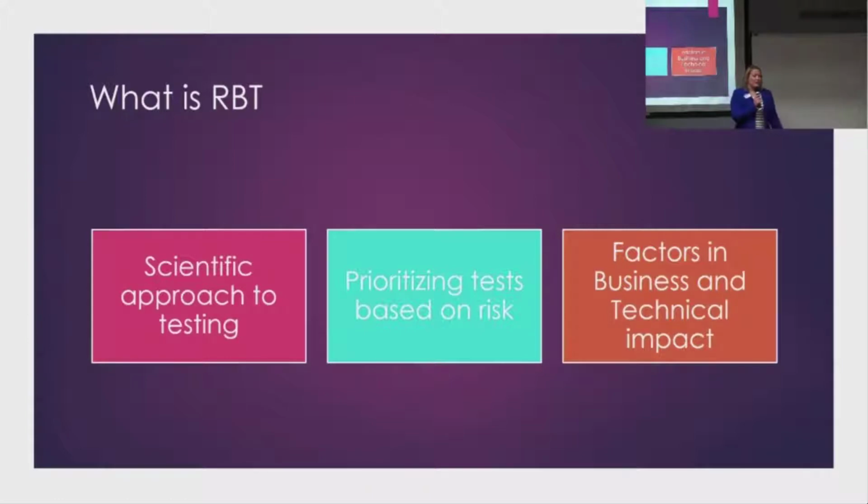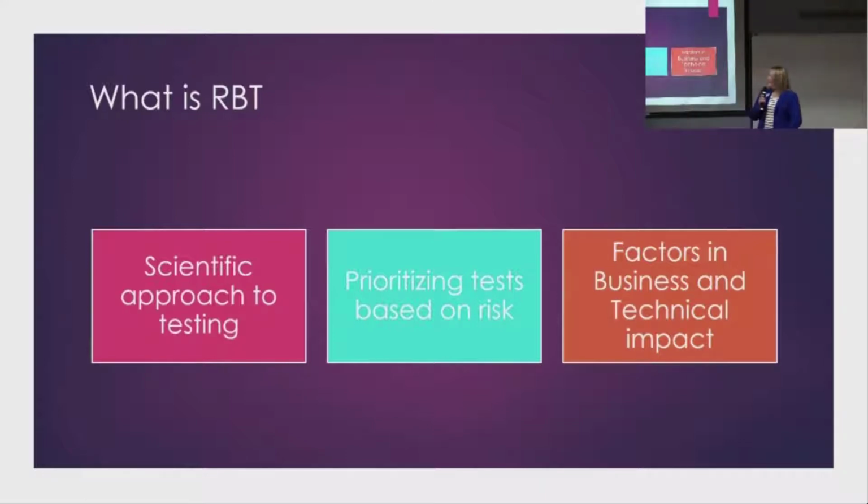For example, we found that we had some test cases where they were marked as critical just because it was a multi-day test and people wanted to make sure that got executed first, not necessarily that the functionality that we were testing was the most critical functionality that we should be looking into. So for all of those reasons and more, we said, let's go look out at industry standards and see what people are doing to prioritize their tests. And we came across risk-based testing. And from all the research we did, we thought that that would be the right approach for us.